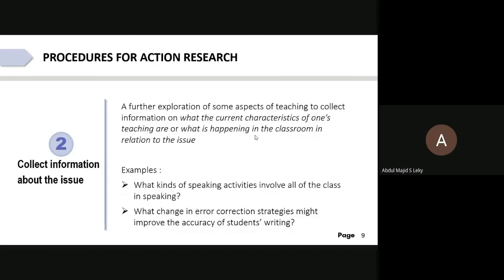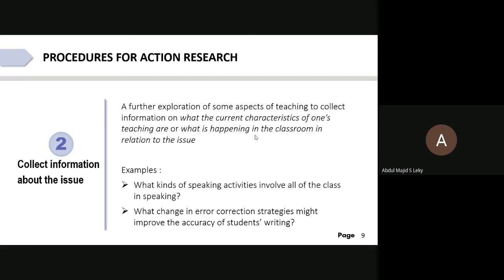The next procedure or stage is collect information about the issue. So a further exploration of some aspect of teaching, to collect information on what the current characteristics of one's teaching are, or what is happening in the classroom in relation to the issue.